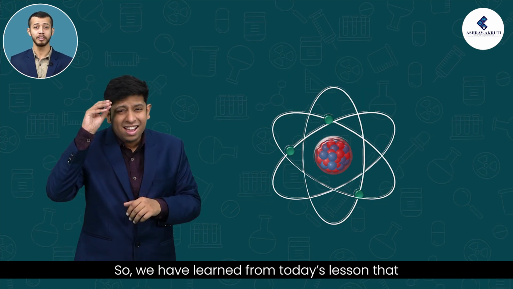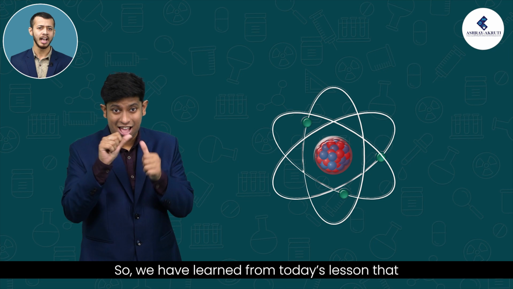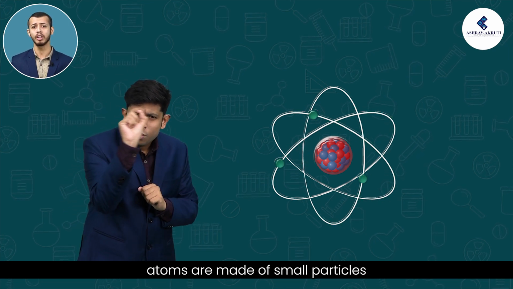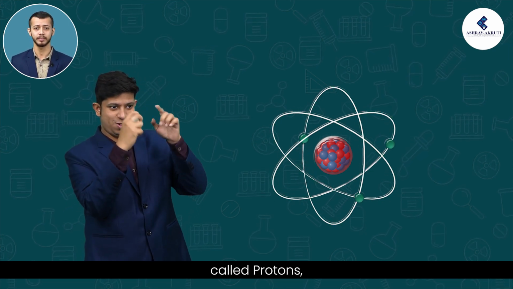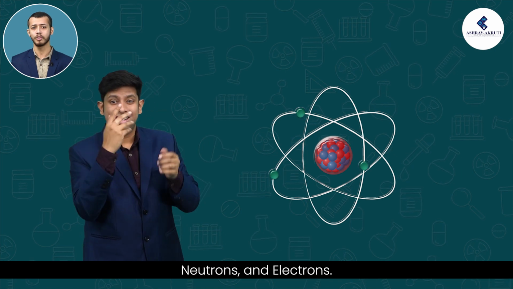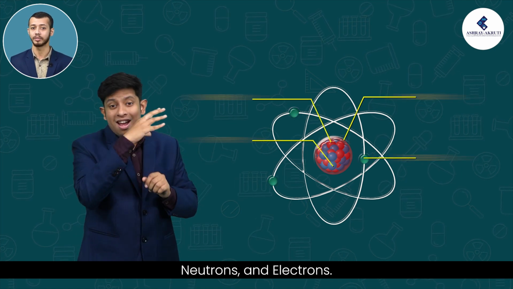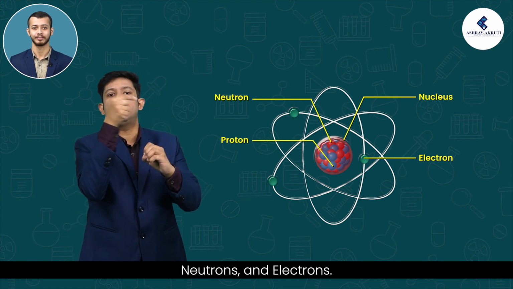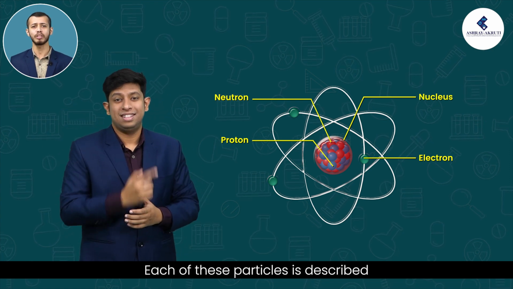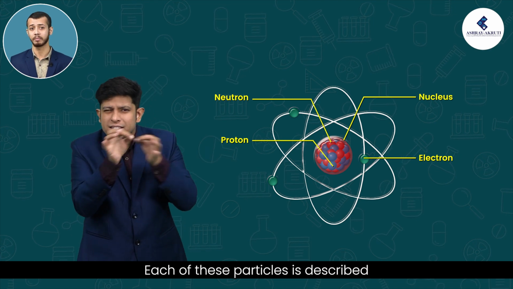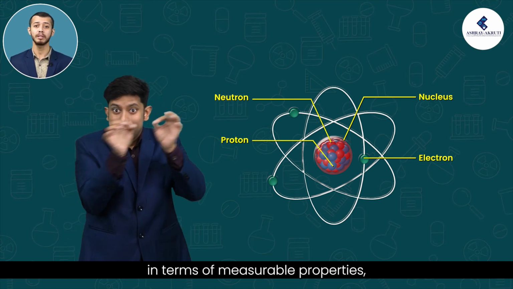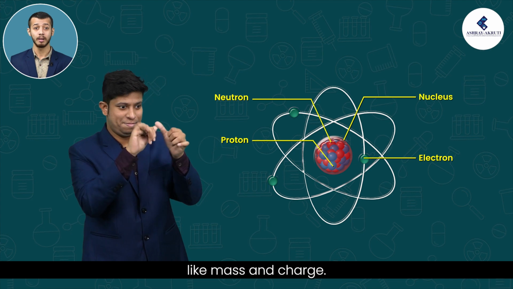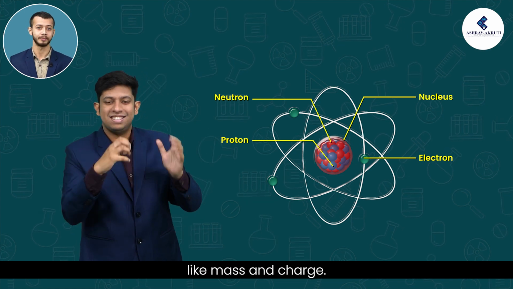So, we have learned from today's lesson that atoms are made of small particles called protons, neutrons, and electrons. Each of these particles is described in terms of measurable properties like mass and charge.